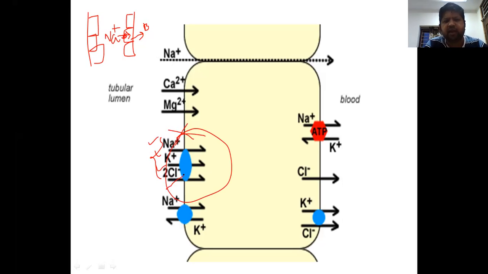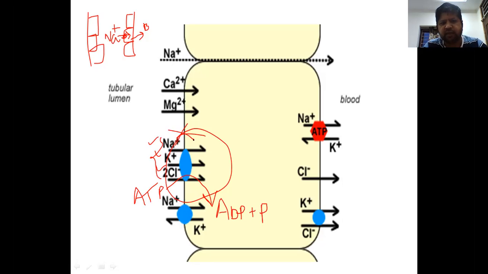ATP will be hydrolyzed to ADP plus phosphate. By utilizing this energy, this transport system will work and reabsorb sodium, potassium, and chloride.